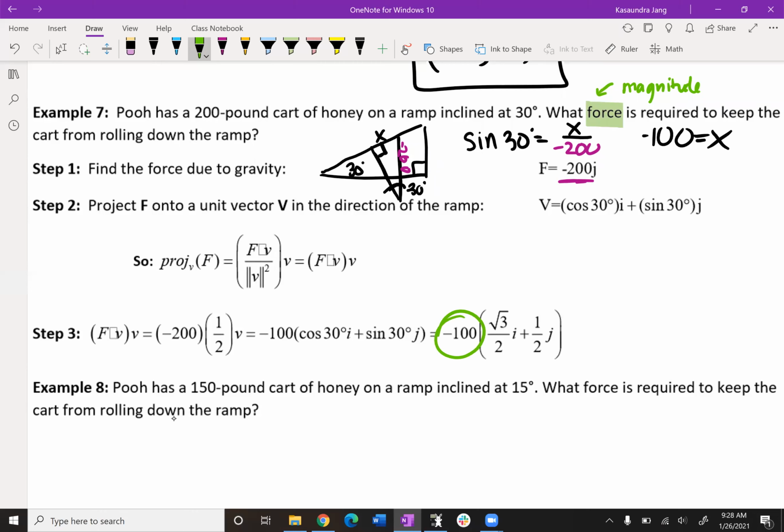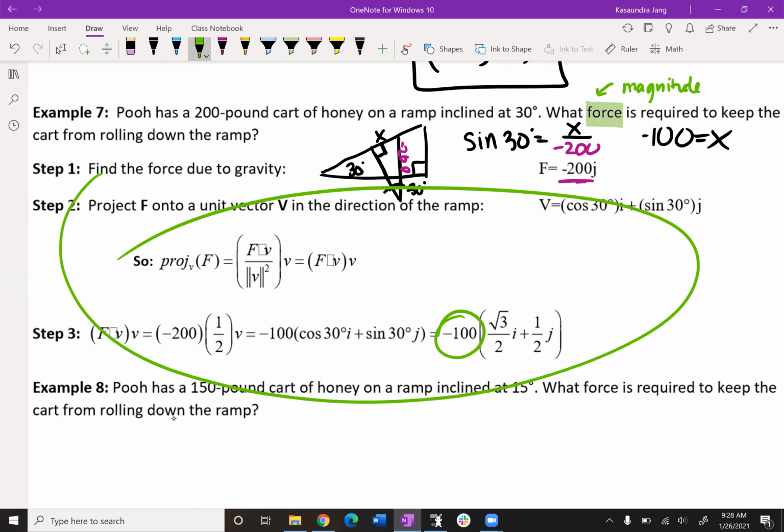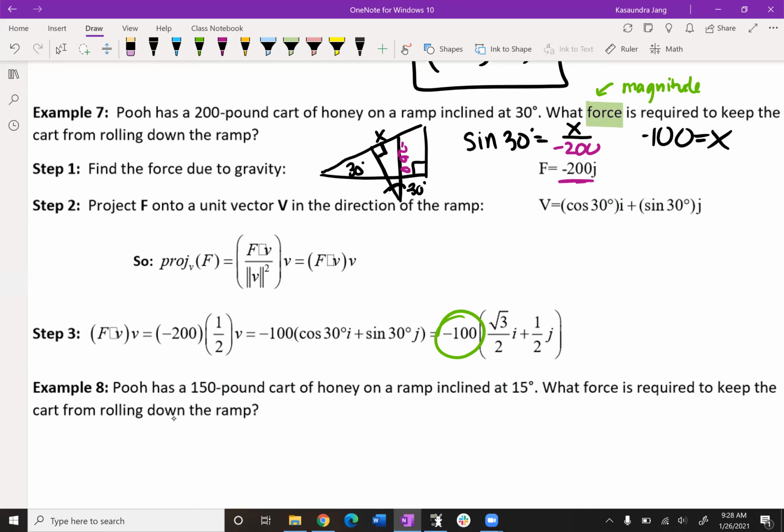So either way, I end up with a negative 100 for my magnitude. I personally tend to do it more mathematically, with the triangle, but either way, I get the same answer. So honestly, I'm not going to focus on this stuff too much. The reason I pointed it out is because when you watch videos or whatever you do on that website, they're probably going to explain it this way. Okay.